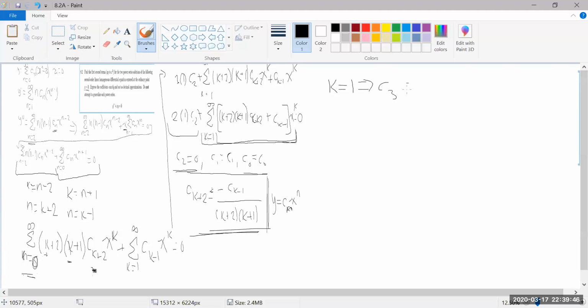So when you plug in all those values, here you get a negative and then c sub k minus 1, so our k equals 1, so c sub 0, and then k plus 1, k plus 2, if our k equals 1, that gives us a 3 and 2, so we get a negative c naught over 6. That's a naught, I don't want it to look like a 1. Okay, so that is your first term, and that's negative.